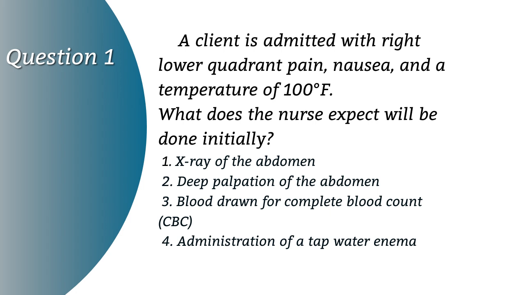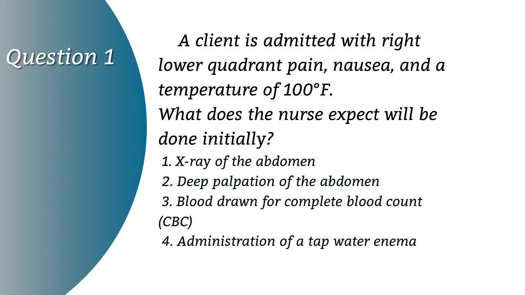Number two, deep palpation of the abdomen. Somebody complained of right lower quadrant pain. Is deep palpation the first thing that will be done for this individual? Let's hold on. Blood drawn for complete count.